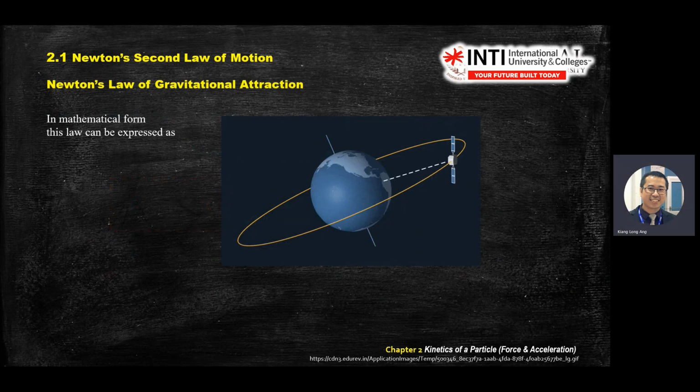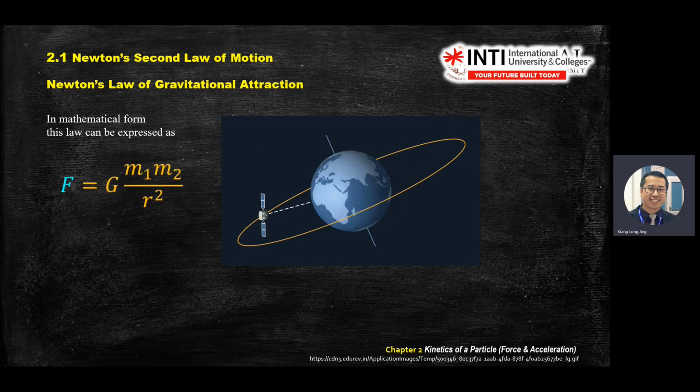Okay. Since you are taking civil and mechanical, you will see this equation. This is on gravitational attraction, which also applies to Newton's second law. Just an introduction. If you have two bodies orbiting in a vacuum, the only force pulling each other is the gravitational force between each other.